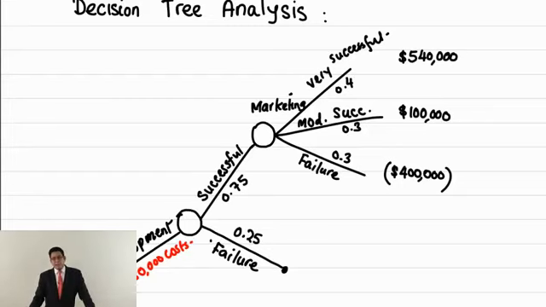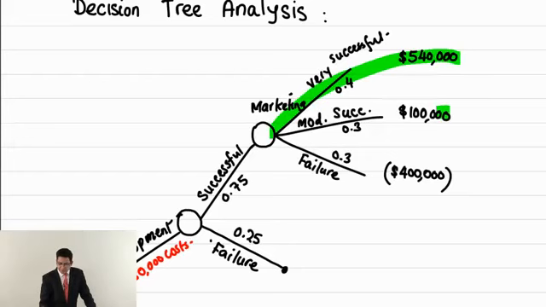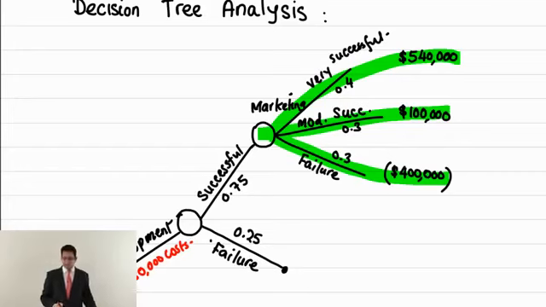Some people do it this way, that they work backwards from here to here, then here to here, and then here to here. Meaning, 540,000 times 0.4, they get one value here. Then 100 times 0.3, they get another value here. Then 400,000 times 0.3, they get one value there.